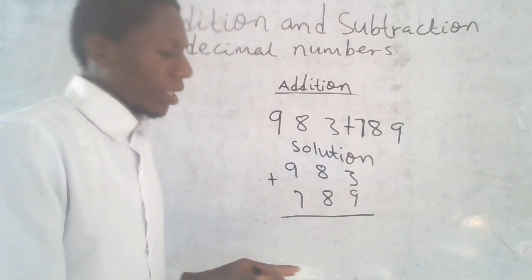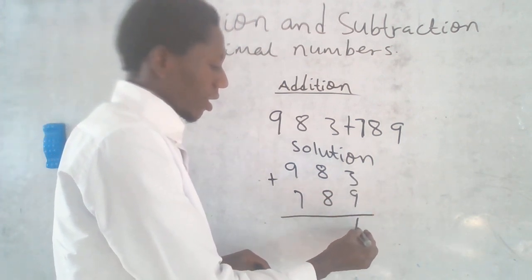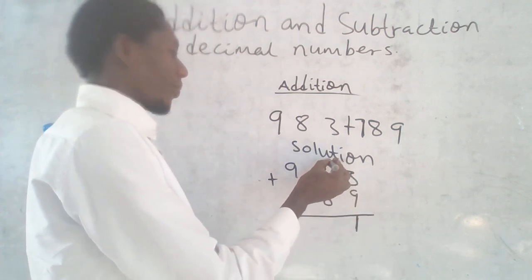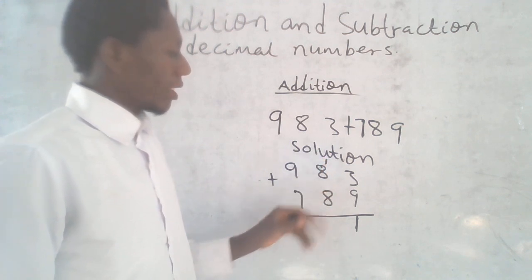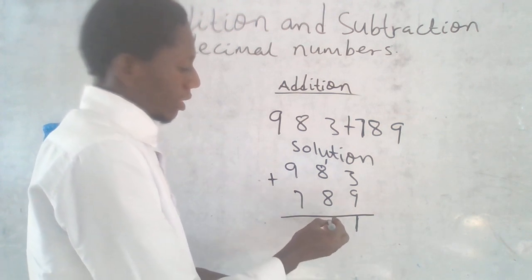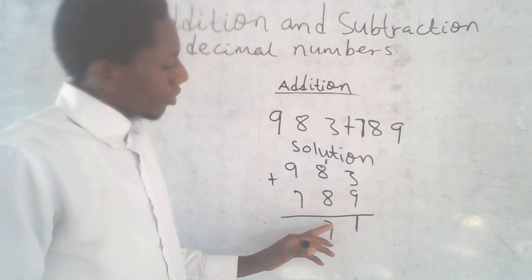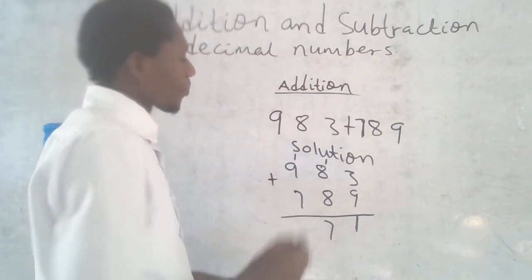what you're doing. Now, 3 plus 9 is 11, so you will write 1, you will carry the other one here. Now you will add it to 8. 1 plus 8 is 9, and 9 plus 8 is 17. So you write 7, you carry 1, you add it here.